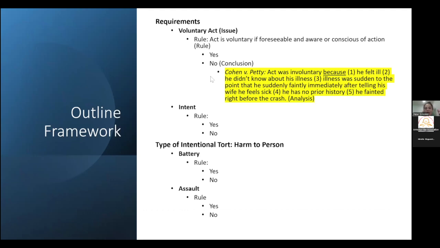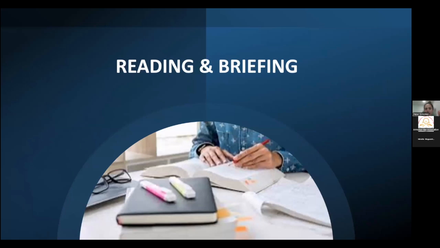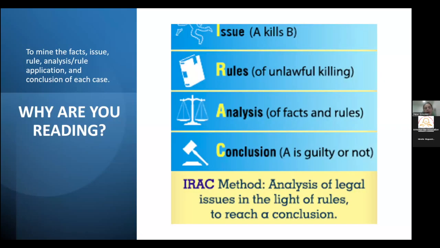And the brief is pretty much filling in this part here, the R and the A. So law school is a formula, and you just want to be married to that formula because it could be repeated constantly. So I know if you've started law school, you've already gotten to know IRAC, the whole concept of IRAC, I being issue, R being rules, A being analysis, and then C being conclusion.